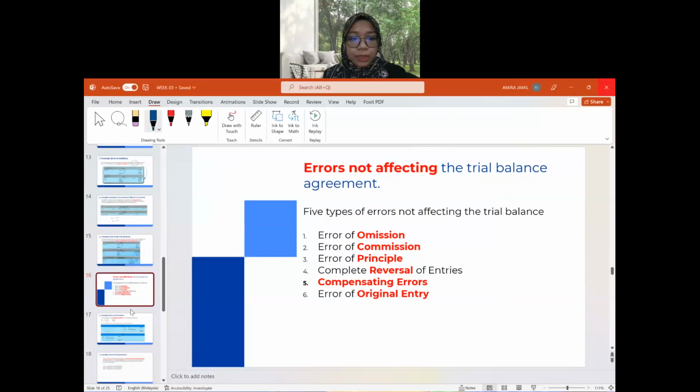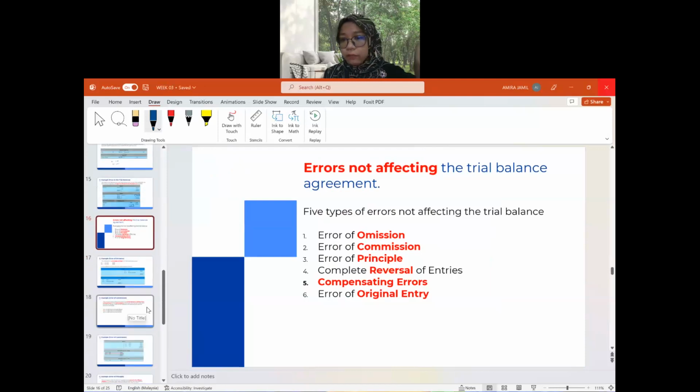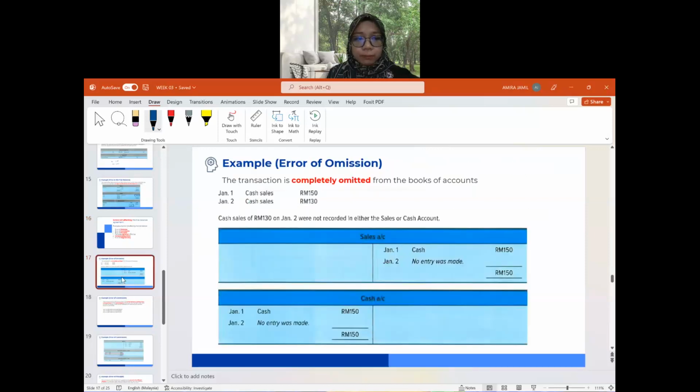But these errors do not affect the trial balance: error of omission, commission, principle, complete reversal of entry, compensating error, and also error of original entry. For example, with omission, the transaction is completely omitted from the books of accounts.